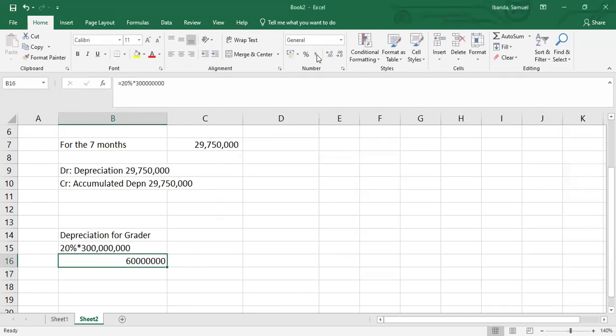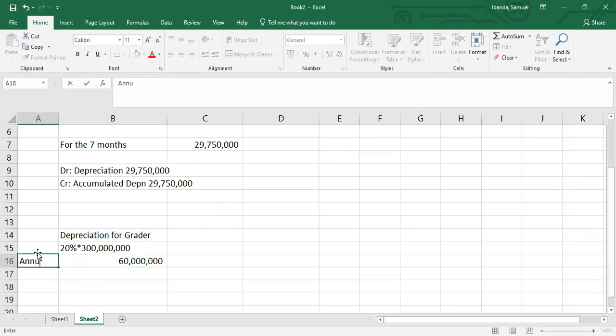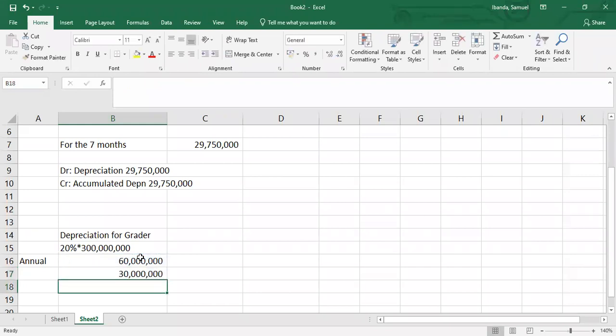So we have 60 million. This is the annual depreciation. But if I only want the portion of 6 months, of course, I can just do 6 out of 12 times what I've gotten here, my annual depreciation.